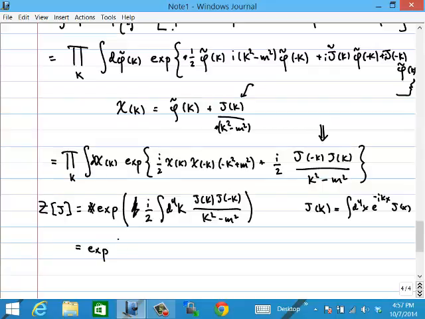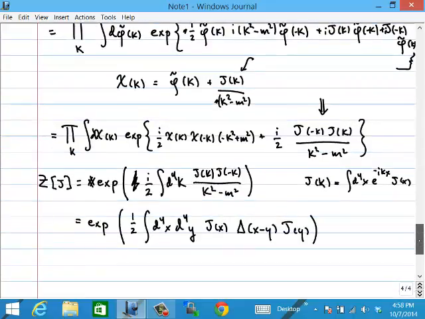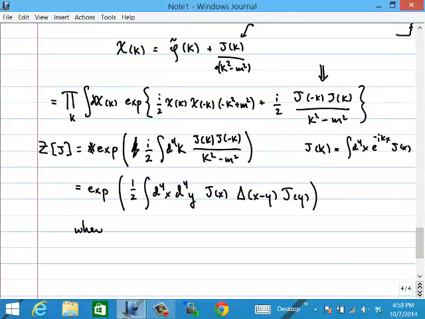This is just the exponential of 1/2 times the integral d4x, the integral d4y, we get two x's and two y's for each of the j's, times j of x delta of x minus y, j of y, where delta of x minus y is the integral d4k of e to the i k(x minus y) times i over k squared minus m squared.